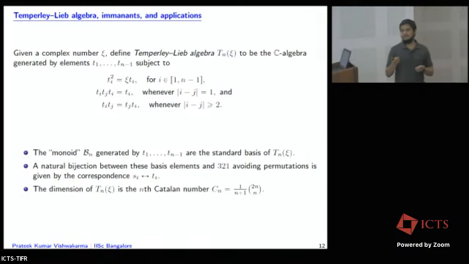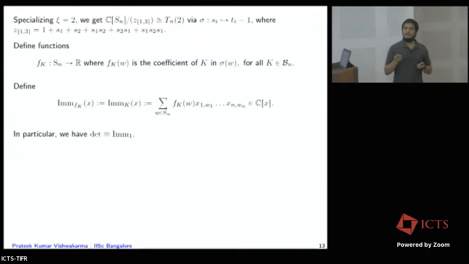Because of this, one can also see that the number of elements in the basis is exactly the Catalan number. Now for our requirement, we need to set ψ equal to 2, in which case we get an isomorphism between a quotient of the group algebra and T_n(2) via the homomorphism that maps s_i to T_i minus 1.